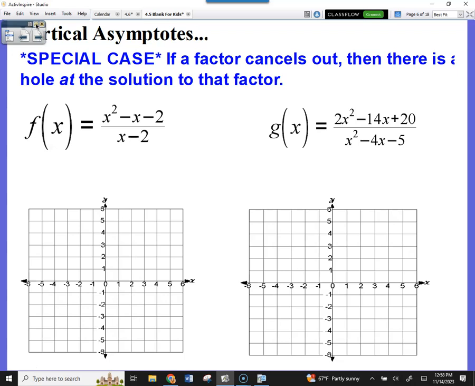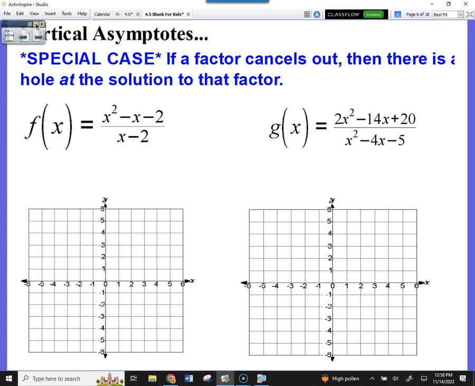That would be a quote from Mr. Ryland. All right. The point of this slide is if there's special cases, stay with me.